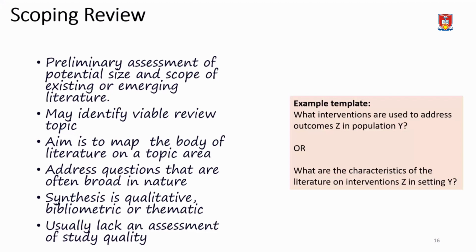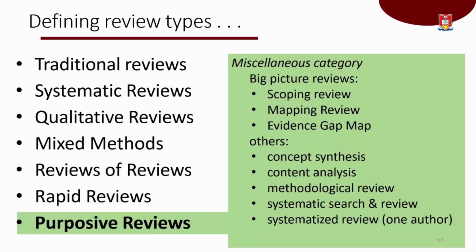And one important thing, as we'll see in the steps to systematic review, is that scoping reviews usually lack a step of study quality assessment. That stage in systematic review is skipped when it comes to scoping review.